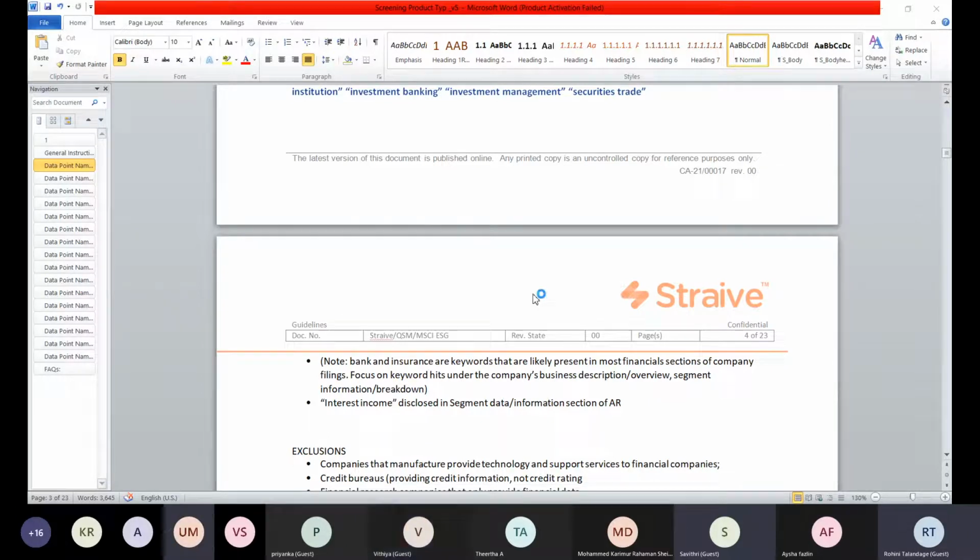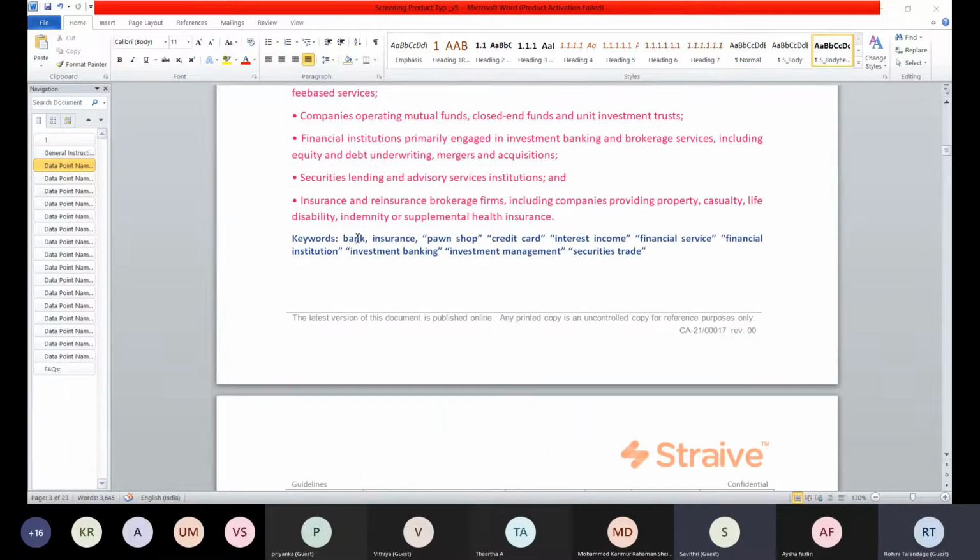For the no case, I wanted to convey one more thing. If you are searching with a keyword, like investment banking for example, and that keyword alone is available in the report but it is not related to the data point, then in that case also we have to mark it as no, because it is not saying they are into that business.